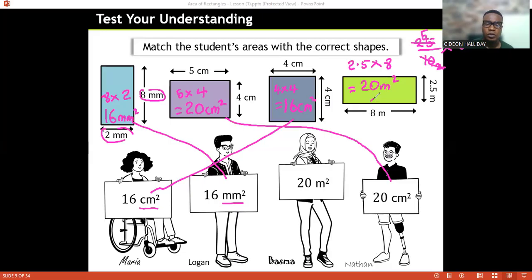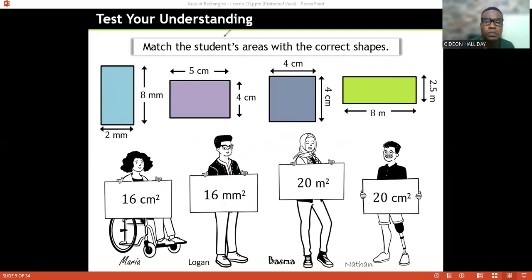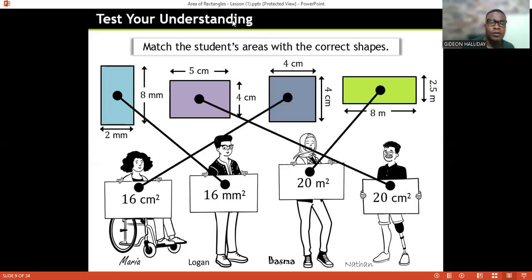So we'll match this to Basma's card. Very easy, right? Easy peasy lemon squeezy. Now we're going to do more. Let's see the answers again to be sure we got everything. Yes, it's correct. Then I'll stop sharing this and share another one.